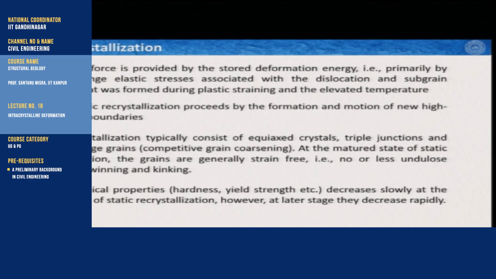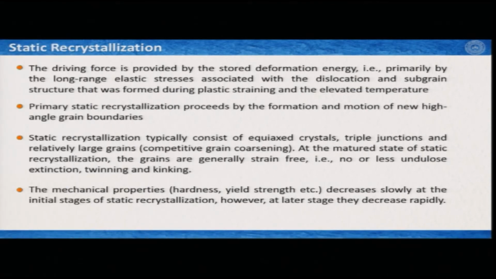And at the mature state of static recrystallization, the grains are generally strain free. As I talked about, the process is called annealing. So, you do not have any internal energy within the grain. So, you should not see, or very little, undulose extinction, twinning and kinking and so on.